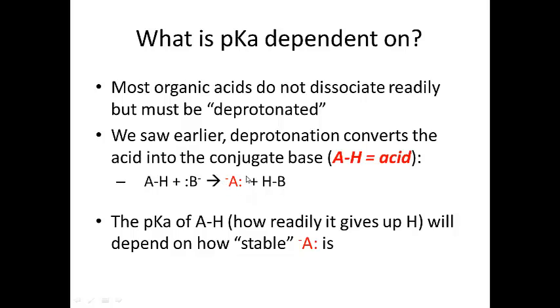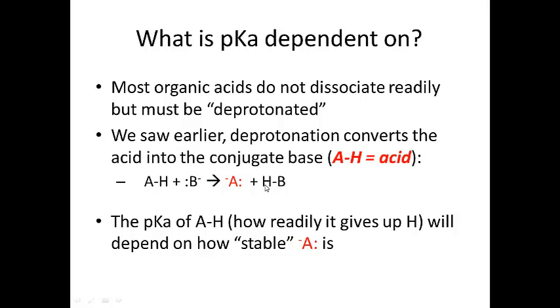So A minus here is what we call our conjugate base. So the pKa of AH, which is this species right here, or the ease with which H comes off and goes with B, is going to be determined by how stable A minus is. Okay, and so when you think about this, we talked about this being a breakup.